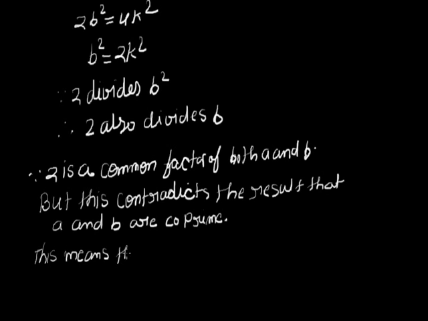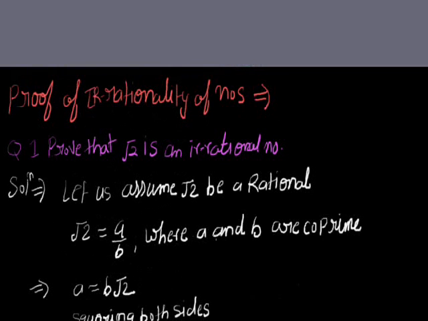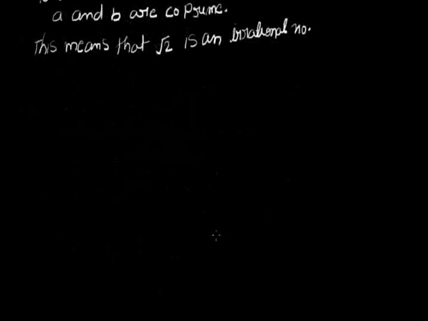This means that root 2 is an irrational number. Okay, so by the method of contradiction, we have proved that root 2 is an irrational number.